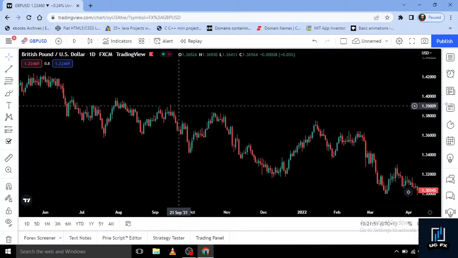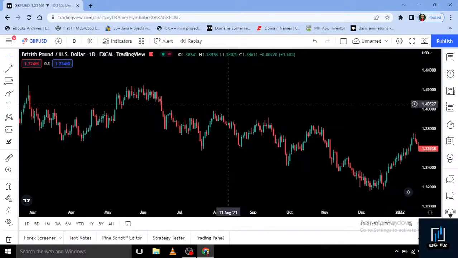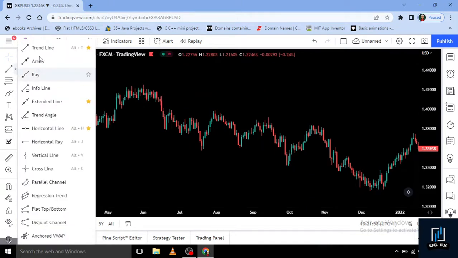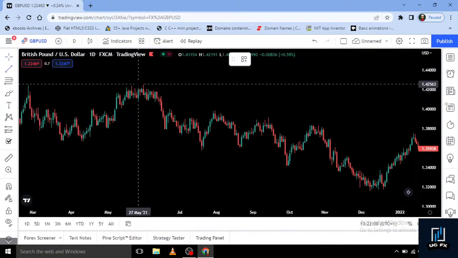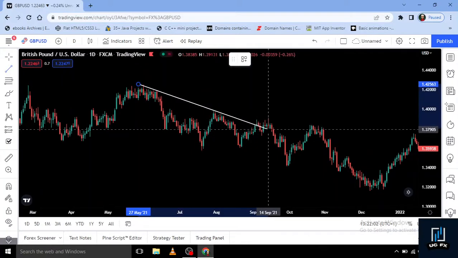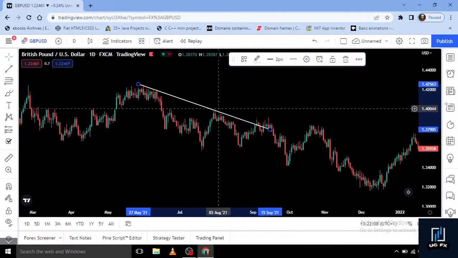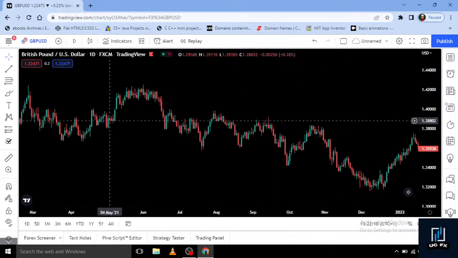Okay, here we are on the chart. I know you'll be wondering, why don't trend lines work? Let me show you this one. You say, okay, why did I get taken out of this market? Why did it not work? We have another one.